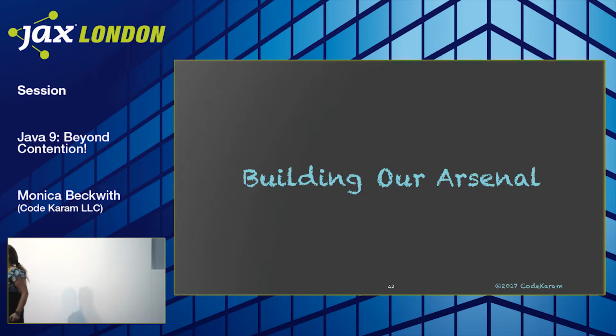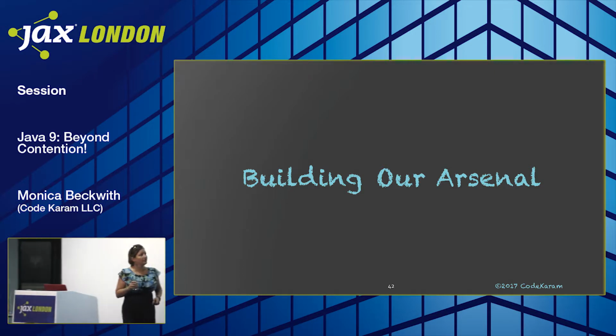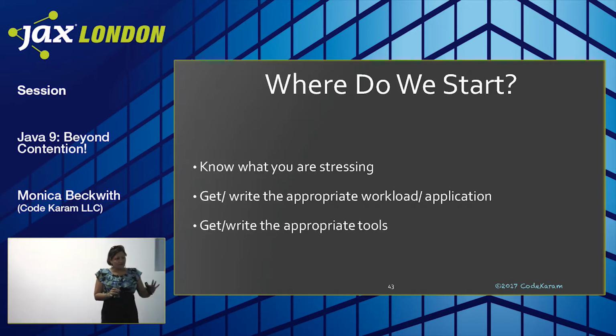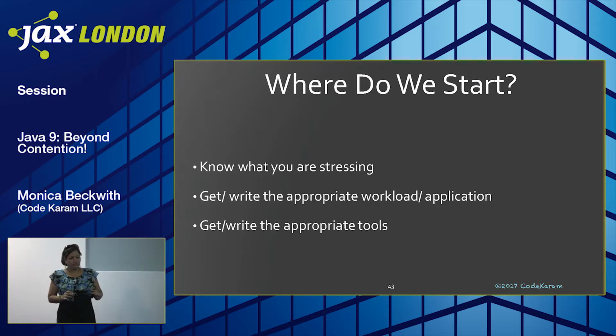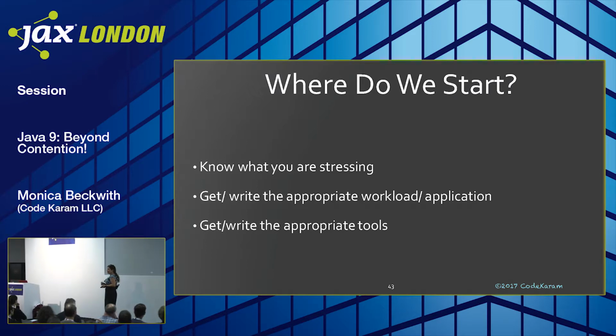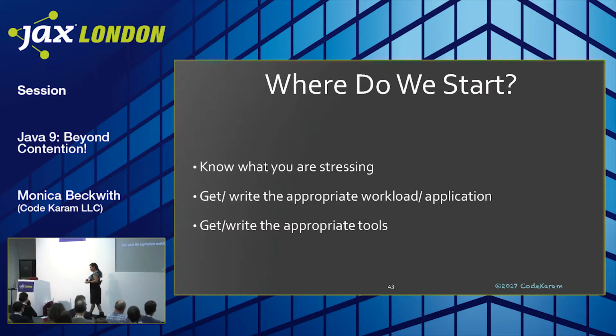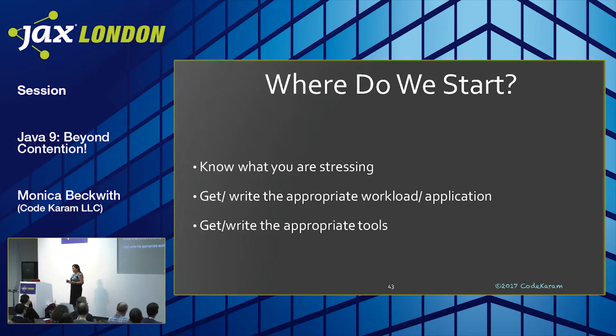So the next topic is building our arsenal. Where do we start? I said all these fancy things about the bottom-up approach, and we need the power, but where do we start, right? Remember, when we talk about the bottom-up approach, it's about stressing the platform. So we first need to know what we are stressing. Then, once you find out what we are stressing, we need to build a benchmark or get a benchmark.